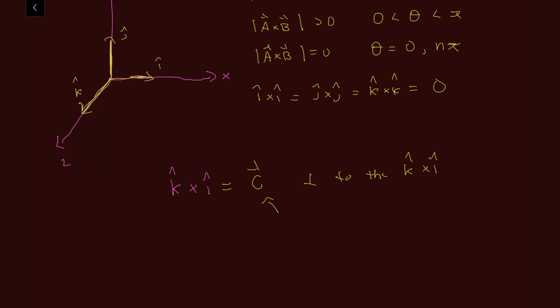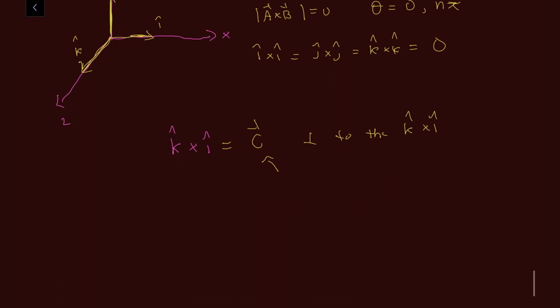Now, in order for that to be true, there are two directions in which C can come out. Because remember, you have these two unit vectors, k and i hat, which lie on the same plane. They're both on the flat zx plane. It's a flat area.